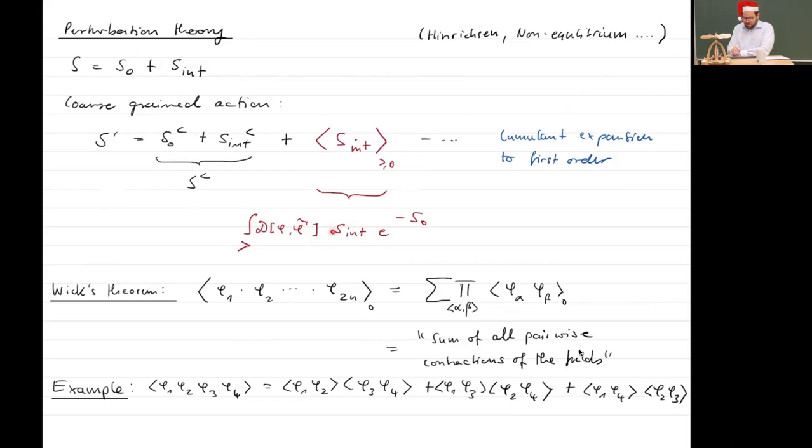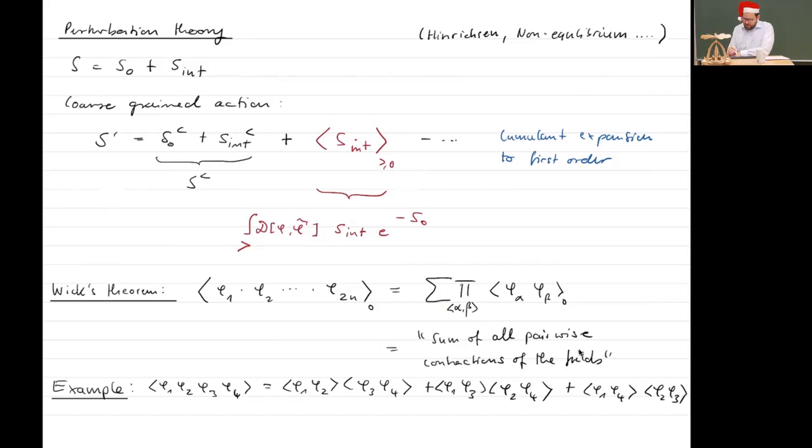So this theorem tells us that if we have such an average, for example, some product of fields here, and if we calculate this average in the framework of the Gaussian or the second order action, then this complicated thing can be expressed by a sum over all pairwise contractions of these fields.